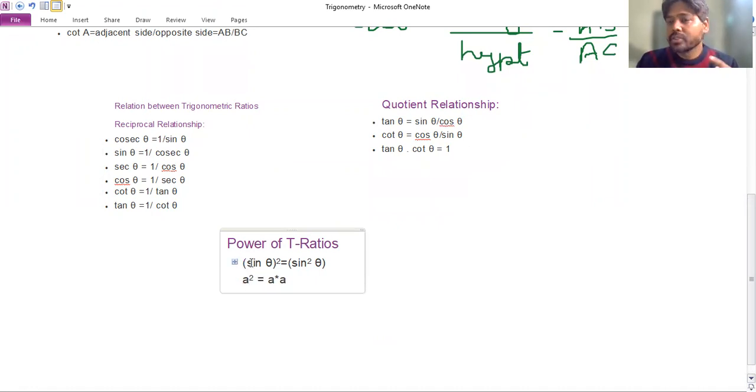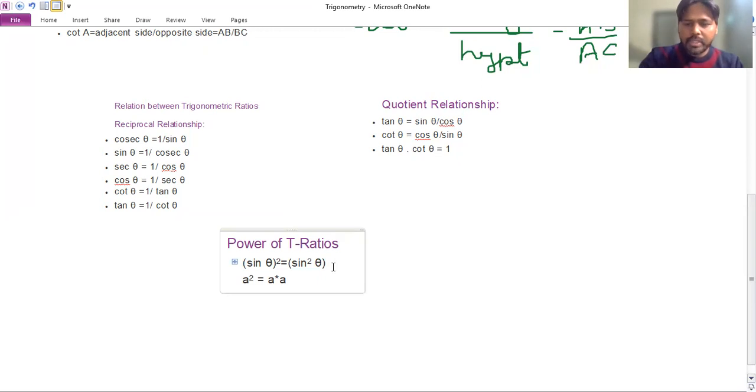Similarly, for sine square, or any of the trigonometric ratios, if the square of that trigonometric ratio is taken, that square term will be associated with the sine, not with the theta. That means the angle will not be multiplied, the angular value is not going to be multiplied. That square term will be associated with the trigonometric ratios and not with the angular values.